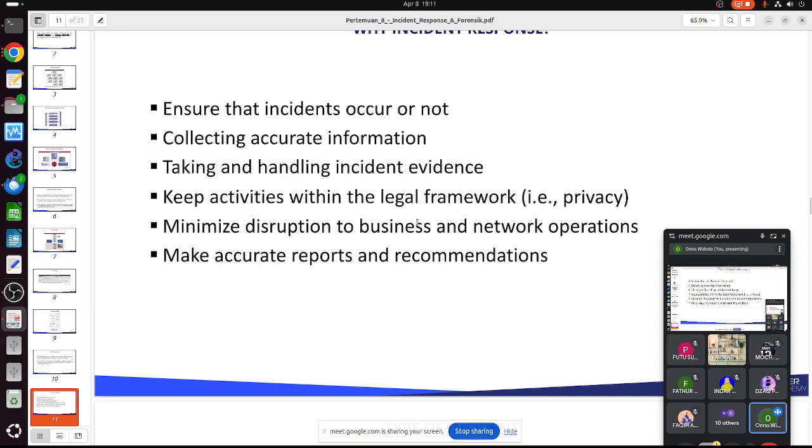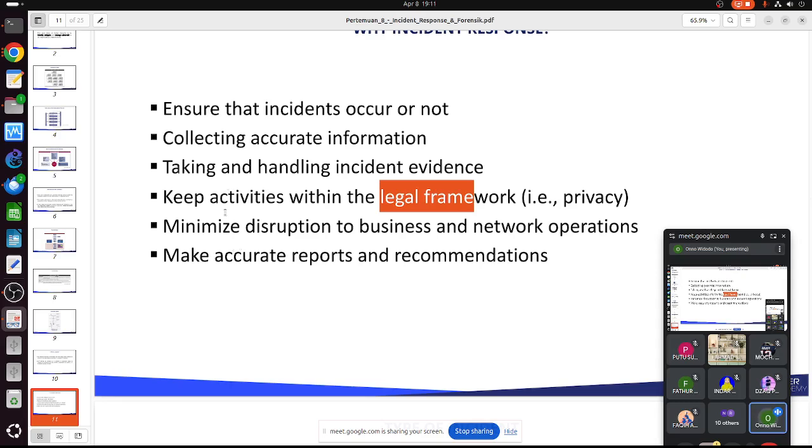Especially, for example, data privacy. This is very heavy right now because we have the Privacy Data Act in Indonesia, and that will cost billions of rupiah. So that's a lot of problem.